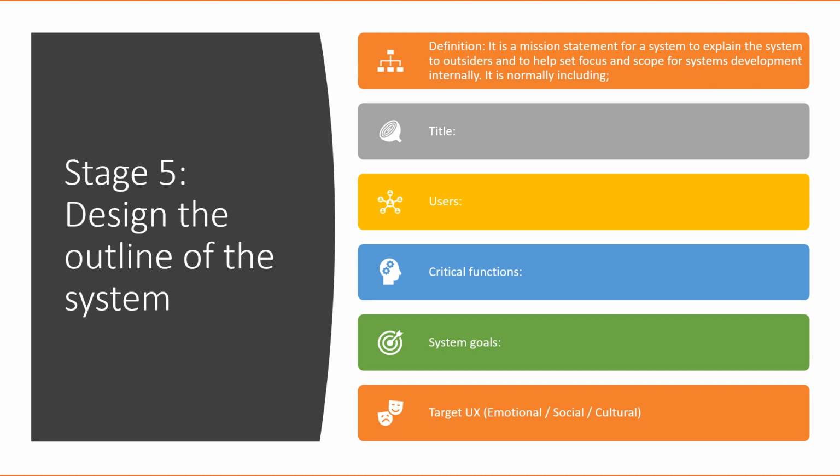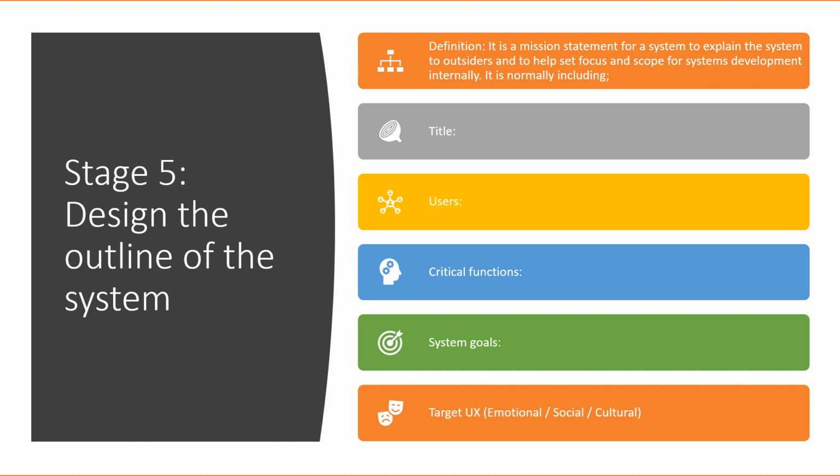Will the system be more emotional, more social, more cultural, or more pragmatic? How will the design be? What tone of voice do you want the system to have in communication with the users?